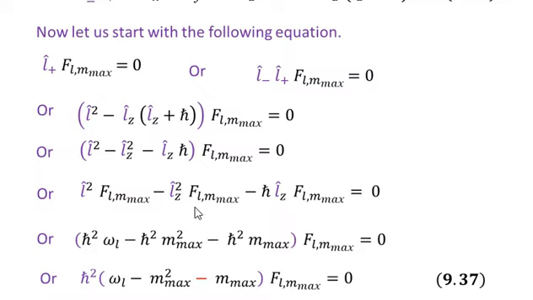Now you see that I am writing their values, which I have already obtained in previous equations. So L square operating on f l m max will give you h bar square lambda l. Lz square operating on f l m max will give you h bar square m max square. And minus h bar Lz operating on f l m max will give you h bar square m max.